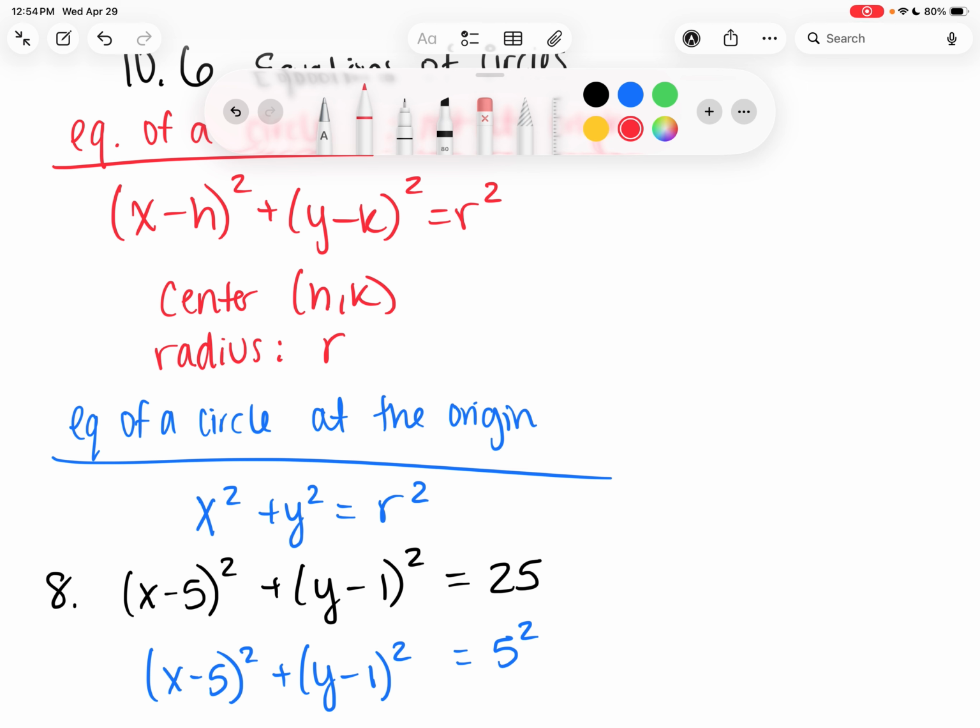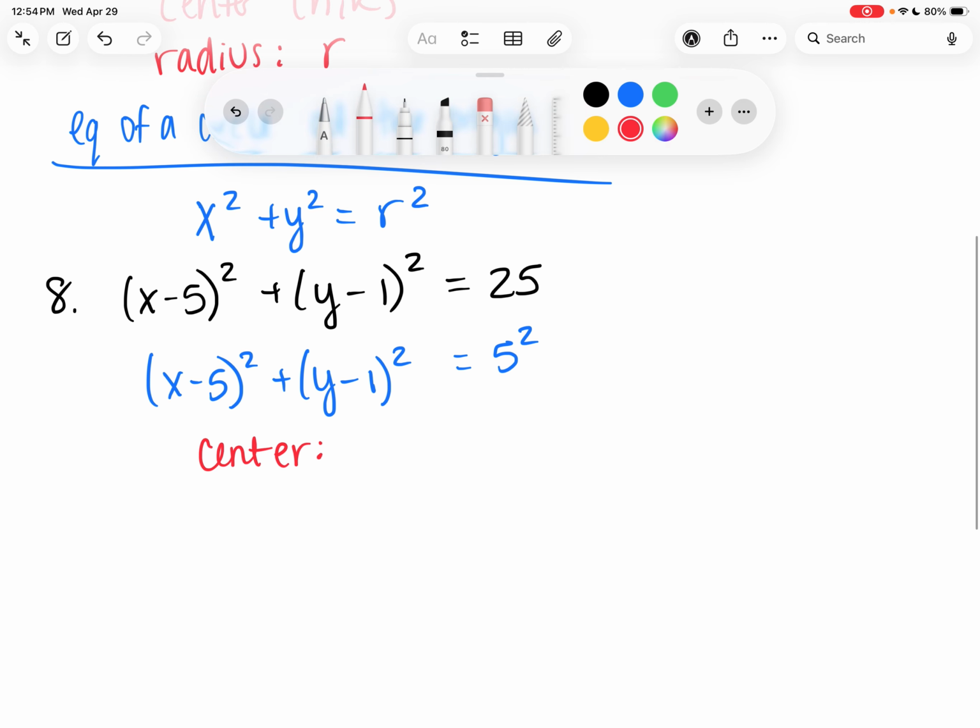If this was a positive sign, this number would be negative. The sign of the center is opposite of whatever you see in the parentheses. So my center here is going to be at (5, 1). And the radius, since I've rewritten it as something squared, is just 5. That's as simple as that.